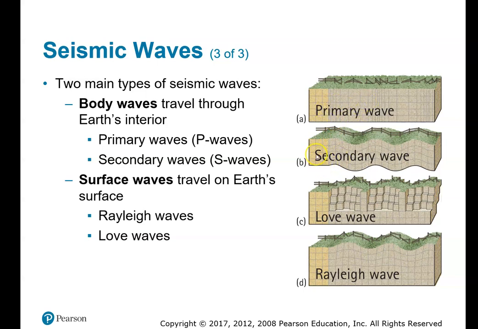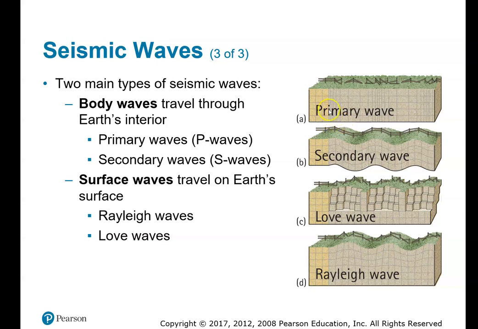Now, the P waves are what we call longitudinal, which is just a type of wave, and the S waves are what they call transverse. The secondary wave is waving up and down, and yet the wave is traveling perpendicular to that.